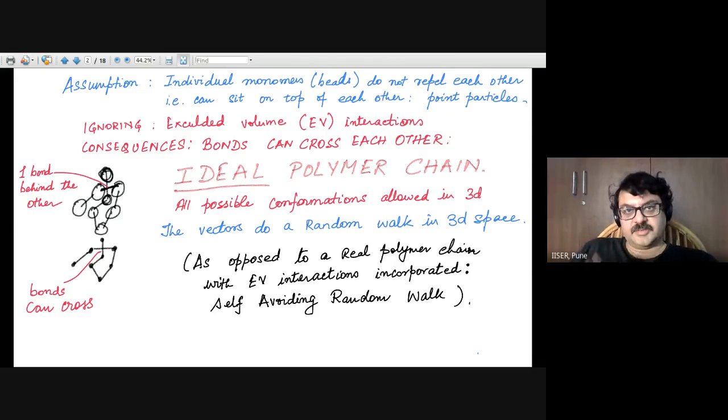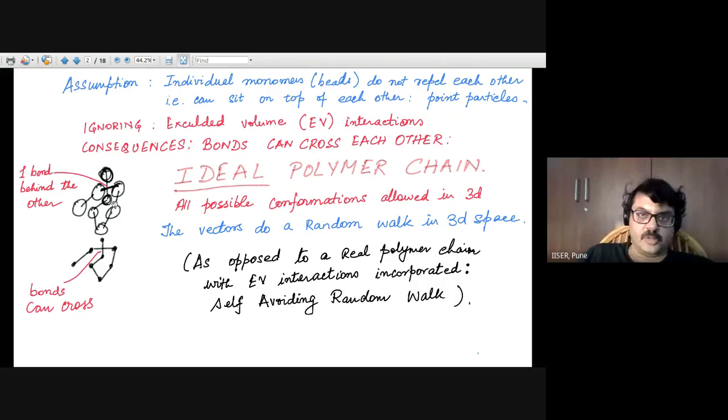But at the moment, just consider them to be individual monomers in a model. The individual monomers do not repel each other. That is, they can sit on top of each other, basically considering them point particles practically. What does that mean? It means that we are ignoring the excluded volume interaction between the monomers.